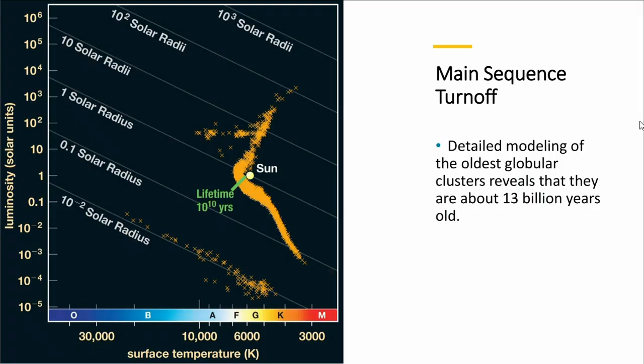Typically globular clusters are very old, made of lower mass stars that are more red, and open clusters are usually younger, with more blue stars.